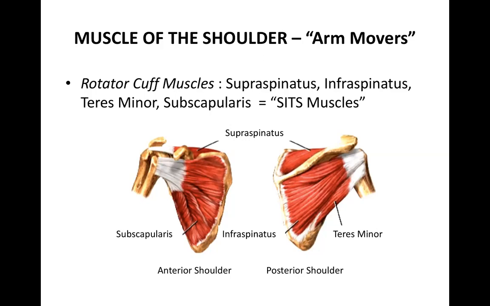So here we're going to look more at what they're doing for the shoulder in the sense of their actions. So remember, there are 4 rotator cuff muscles, and we use the acronym SITS, where SITS stands for the first letter of each of the muscles' names. So we have the supraspinatus, infraspinatus, teres minor, and subscapularis.